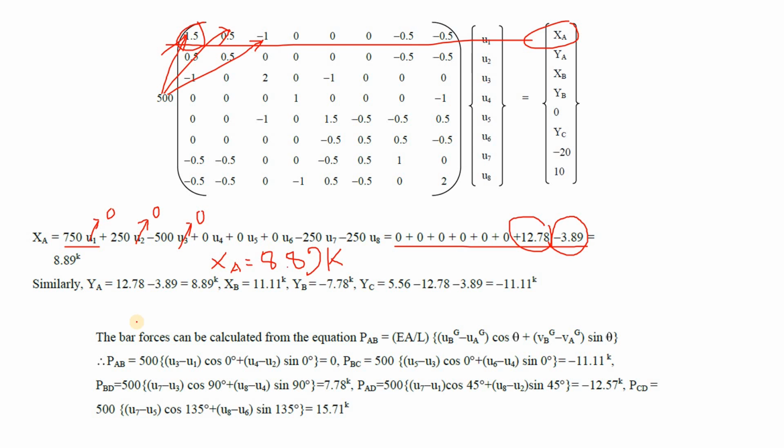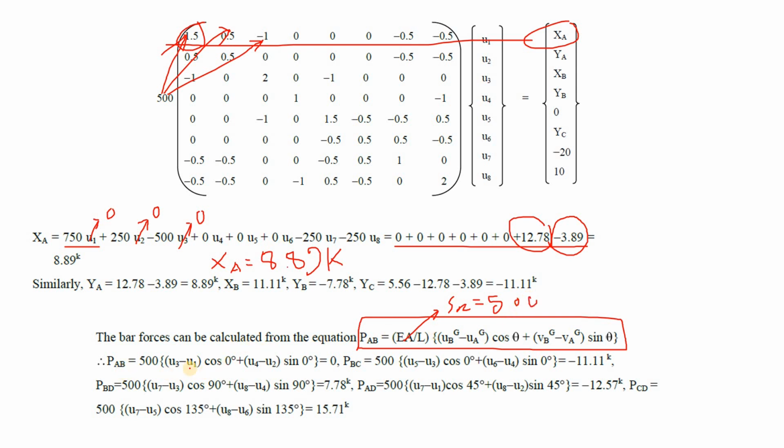Now similarly we can also calculate the bar force. To calculate the bar forces, we can use this particular equation right over here. Say if a member is AB, then the equation is going to be like this. We just need to put in the displacement values here, and EA by L we already know. This is SX, which is equal to 500.